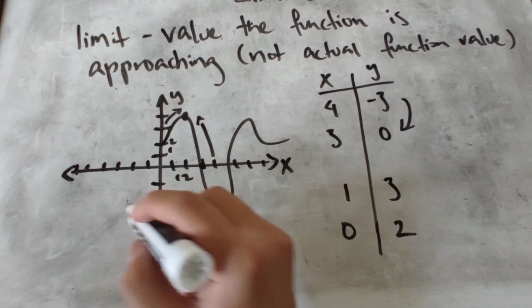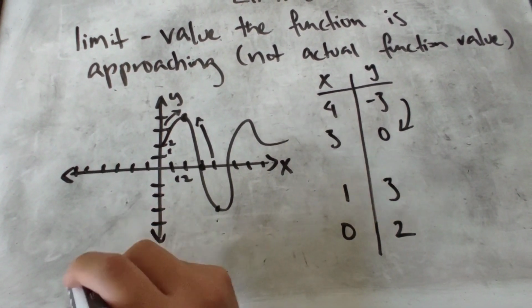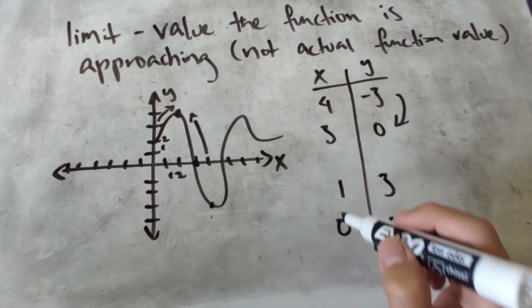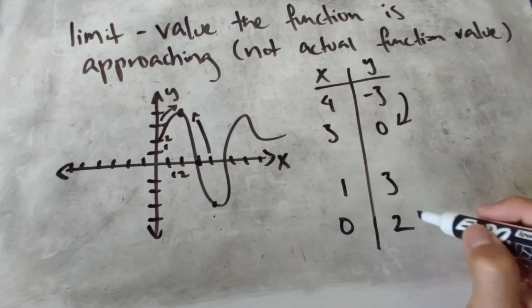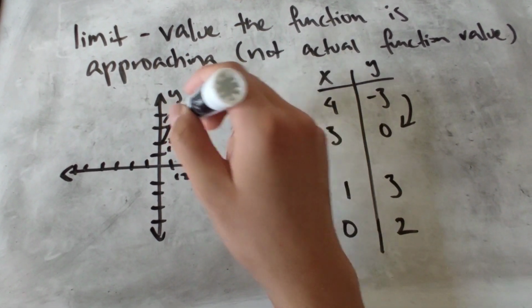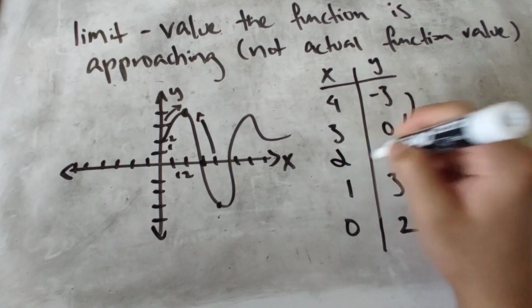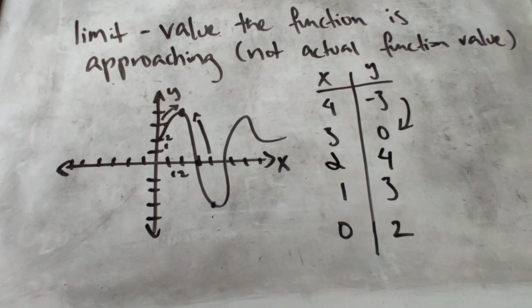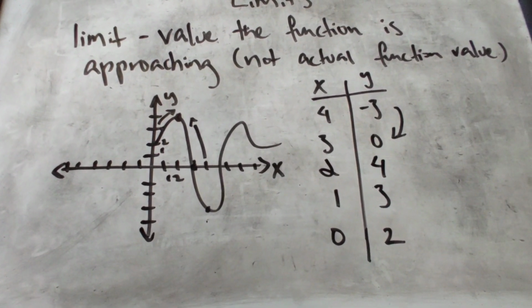And as x approaches 2 from the left side, from 0 to 1, the value also gets closer and closer to 4, which is the value of y when x equals 2. And that is the definition of a limit.